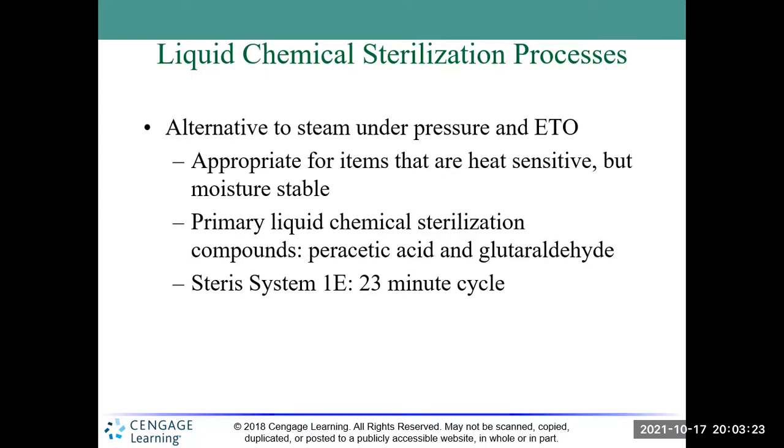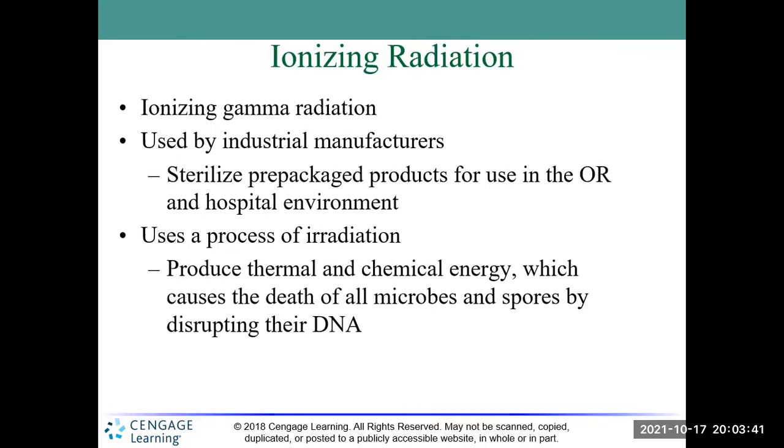There's also liquid chemical, which is peracetic acid or glutaraldehyde. This is a 23-minute cycle. Again, this can be for things that are heat sensitive but stable under moisture. Ionizing radiation: industrial manufacturers are going to use this more.